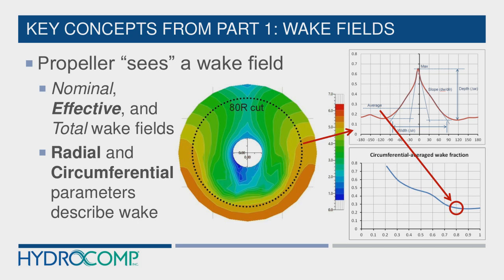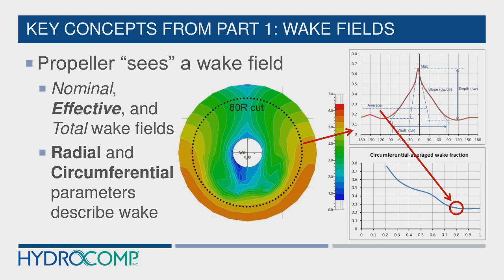And then when we look at the average velocities radially, or the average wake fractions radially, we get the plot at the bottom. So we go from the full disk, we break that up into radial cuts, and then we display those radial cuts as circumferential lines, find an average for those, and then we get what's called a circumferentially averaged wake fraction or velocities.